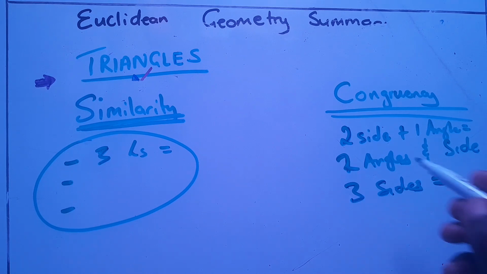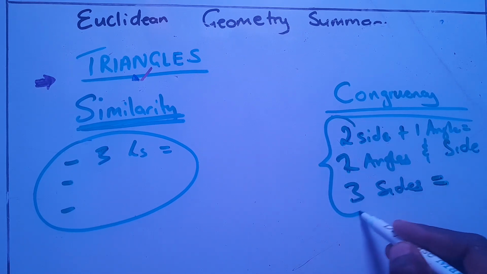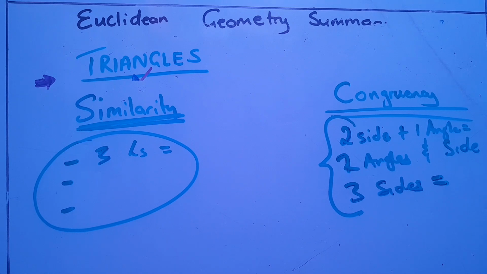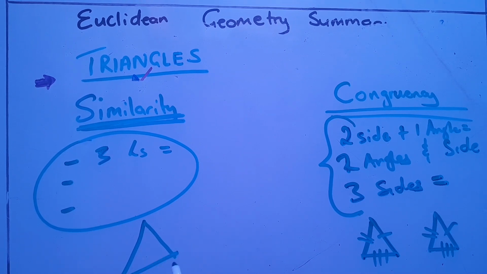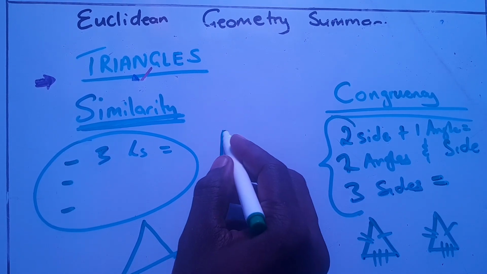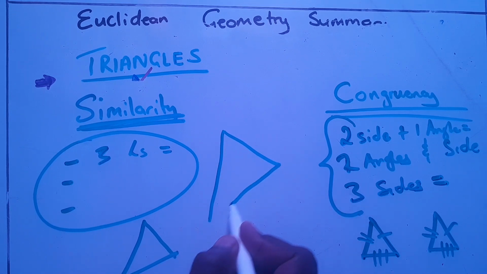So congruency, these are the things that we have to prove in two different triangles, then those triangles become congruent, right? So congruency is more about things that are the same in everything. They are actually equal in everything, right? But when we're talking about similarity, similarity can be this triangle and this triangle.